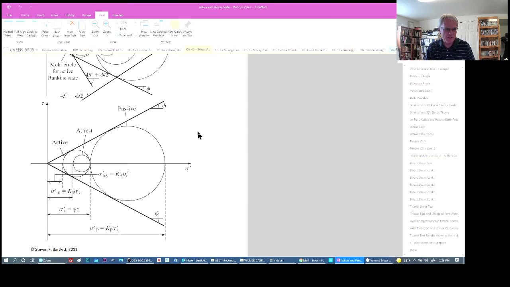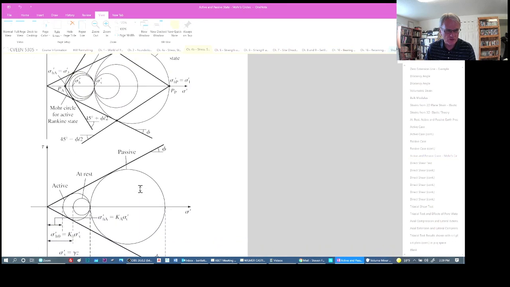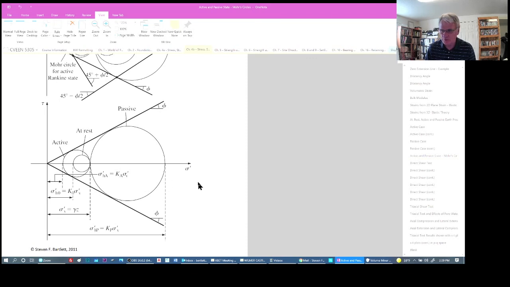It is the same as the above diagram, but instead of using sigma 1 and sigma 3, we're using sigma vertical for the vertical stress and sigma h for the horizontal stress, and where appropriate, the appropriate Kp value, which is the passive resistance coefficient Kp, and the active case would be using Ka. So you can review these two. These concepts we'll revisit when we get to retaining wall design.